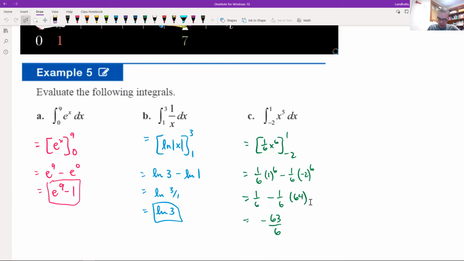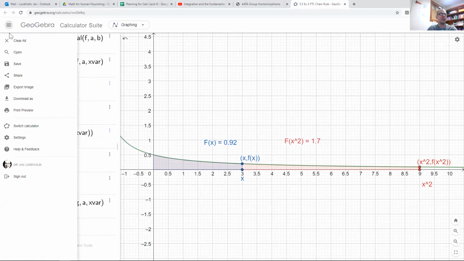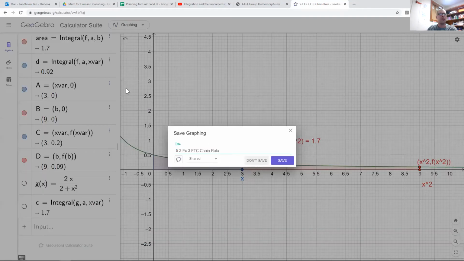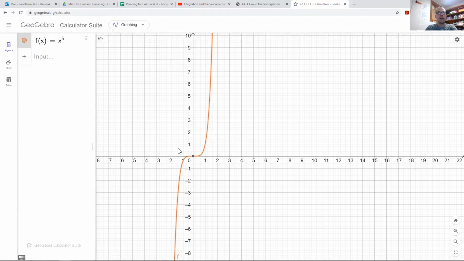Cool. You know what? That one's just weird enough that why don't we look at it on GeoGebra? X to the 5th from -2 to 1, and let's make sure this makes some sense. Don't save. All right. X to the 5th is our function.